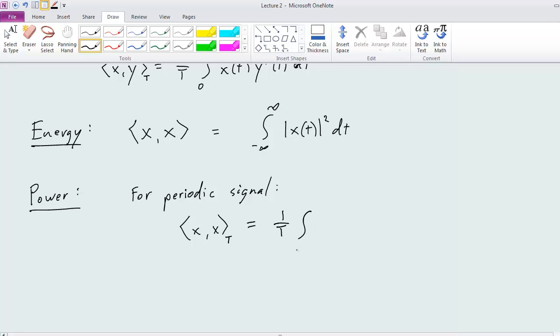It's the average energy per time, 0 to t, magnitude squared dt. Okay. If it's not periodic, we can also get power. We take a limit. Maybe I'll write that next time.